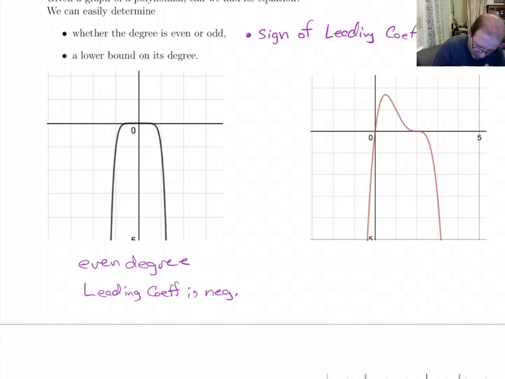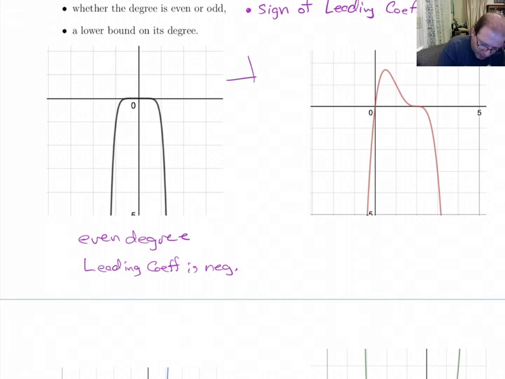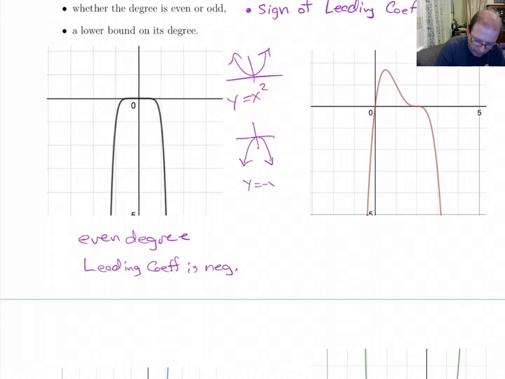Think about x squared. y equals x squared looks like this, and y equals minus x squared looks like this. So if you just think about end behavior there, we can tell that it's going to have even degree and a negative leading coefficient. Now, what about the degree?